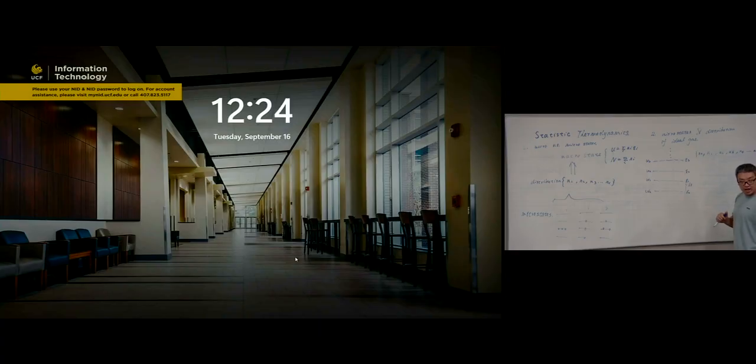Sure. Okay, let's continue. We are talking about particles that occupy the same space. So we take the first particle out of N0.